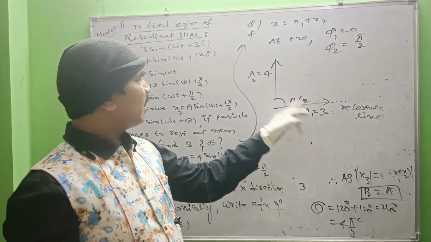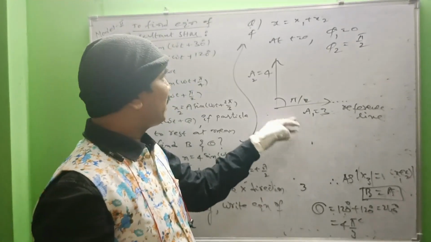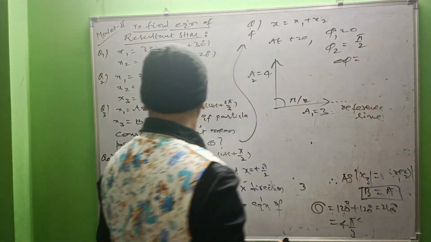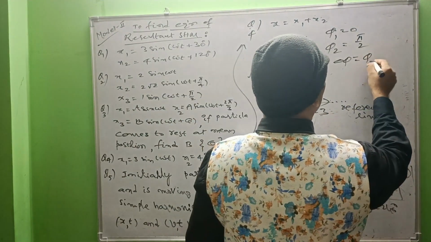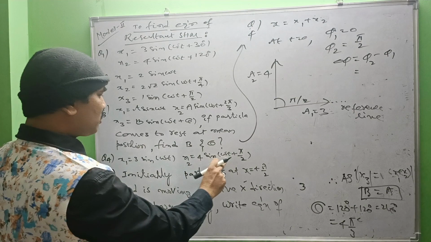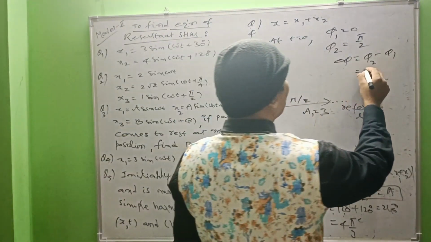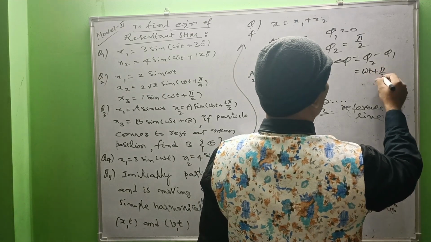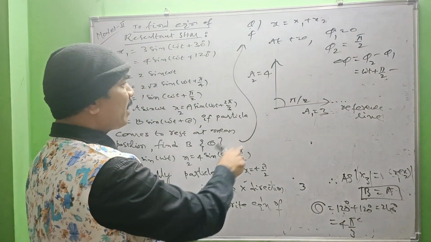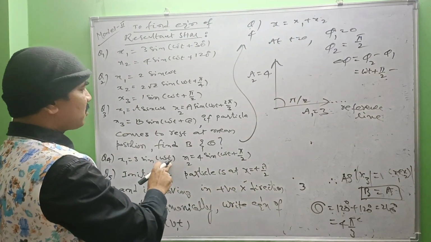Now A1 equal 3, A2 equal 4. These two are inclined at an angle of 90 degrees. Why? Because of the phase difference between these two, delta phi equal to phi 2 minus phi 1. Phi 2 means the total phase of the second oscillation, omega t plus pi by 2, minus omega t, the total phase of the first oscillation.